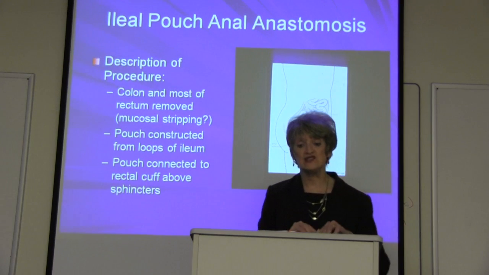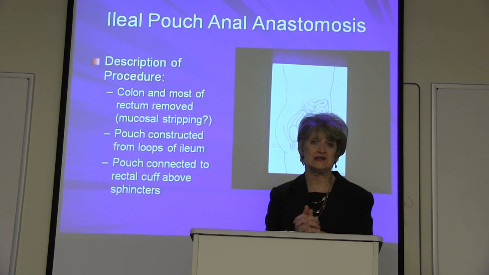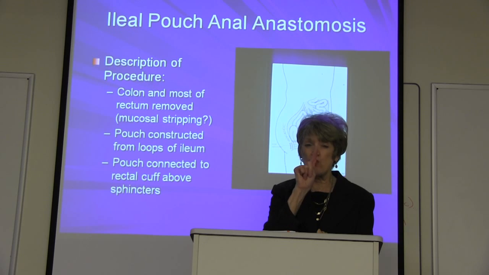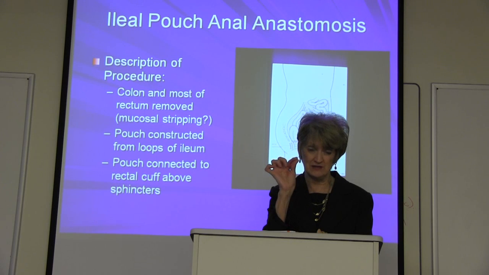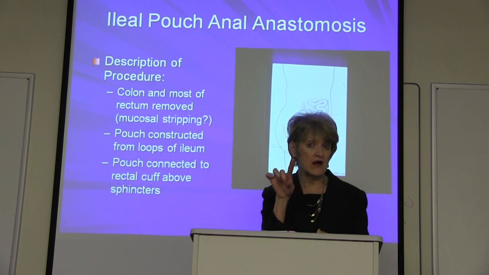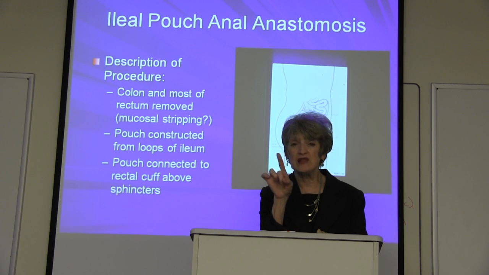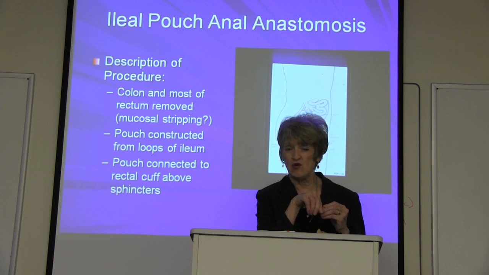Now, one of the questions they frequently ask on the certification exam is about mucosal stripping. So think about the fact that you've got like a 1 centimeter cuff of rectum. That 1 centimeter cuff of rectum is lined with mucosa. Both familial polyposis and ulcerative colitis are mucosal diseases. So if you leave that 1 centimeter of rectum with that mucosal lining, there is the potential that the colitis could recur there or that you could develop polyps there.